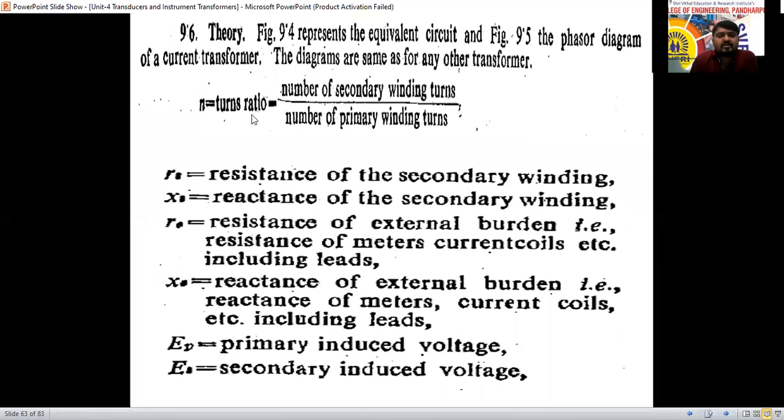So N equals the turns ratio, that is, the number of secondary winding turns to the number of primary winding turns.